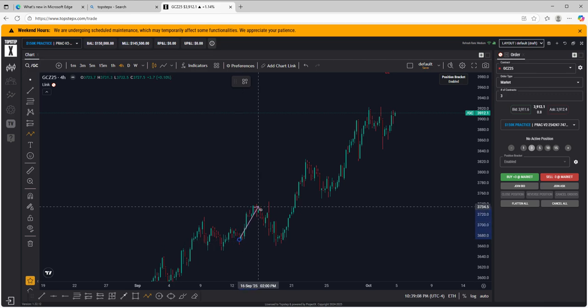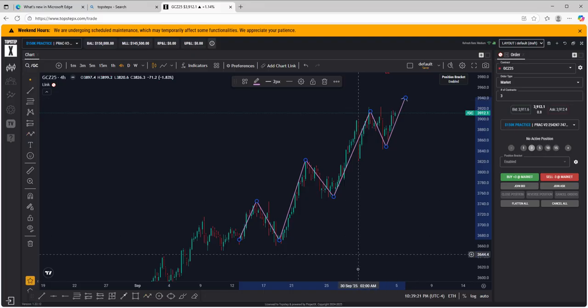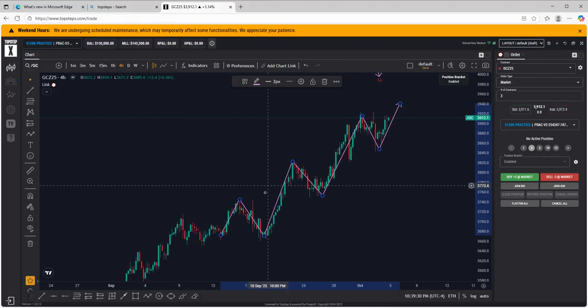Right, so we have a higher low, a higher high, higher low, higher high, higher low, higher high, higher low, higher high. Structure should be super clean and clear like this. And so with this, we should be understanding that the chart will always move like this.